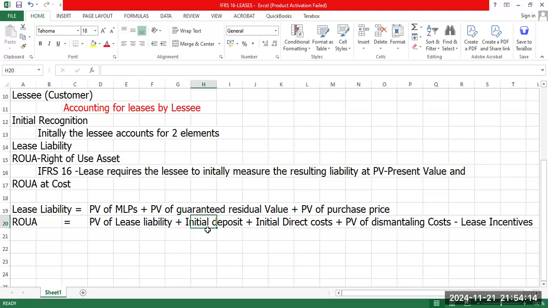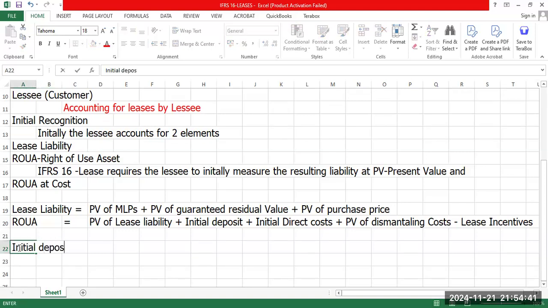How much did you pay? You can deposit some money. And in practice, you'll find that what you deposit may be actually a refundable security deposit or a non-refundable advance lease payment. The initial deposit.